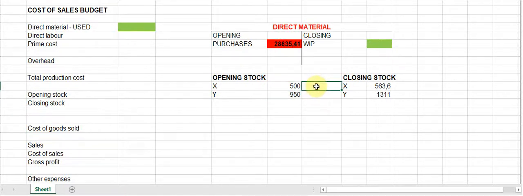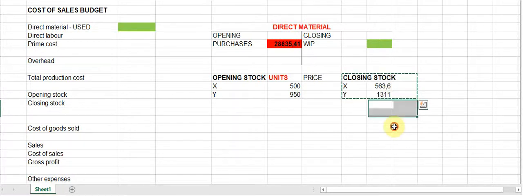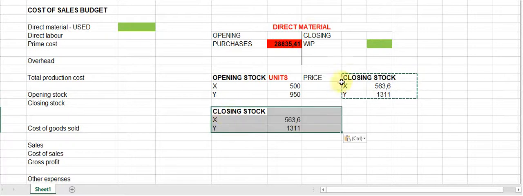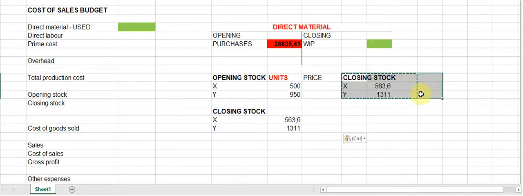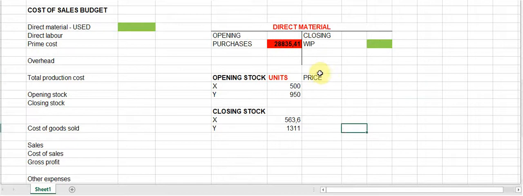We need to go and determine what the prices are for these units. So the prices were, so this is the unit, this is the price, and it occurred to me just now that we're going to need another column. I'm just going to copy this and paste it below here so that we have enough space. So the price was given for the opening stock.